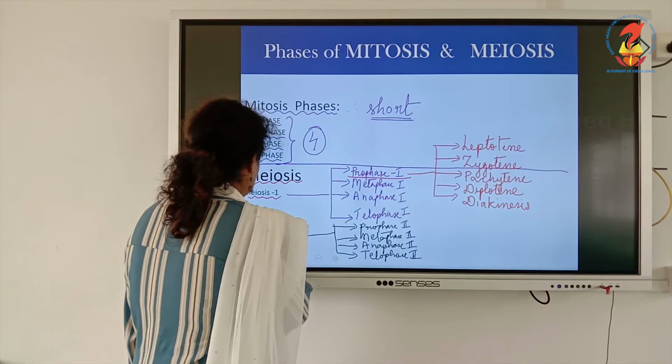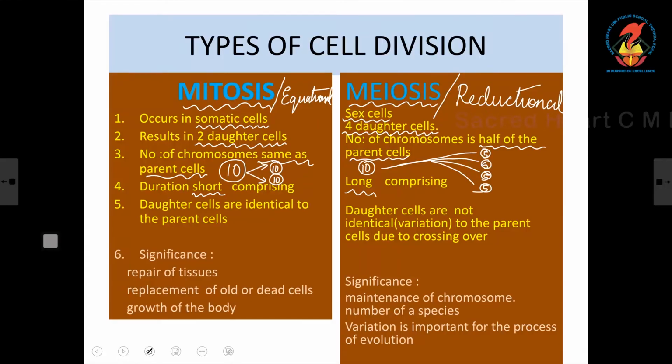Getting back to the differences on the previous slide, the fourth difference is done. The fifth: the daughter cells in mitosis are exactly similar to the parent cell, very much similar. Whereas in meiosis, the daughter cells are not at all identical to the parent cell.